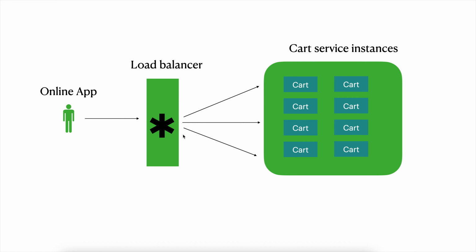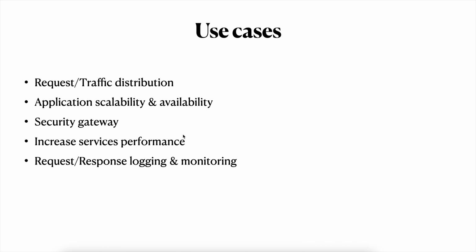So LB acts as a middleman or middle server or gateway which will handle the traffic distribution very wisely. So what are the primary use cases? The first primary use case is request and traffic distribution.